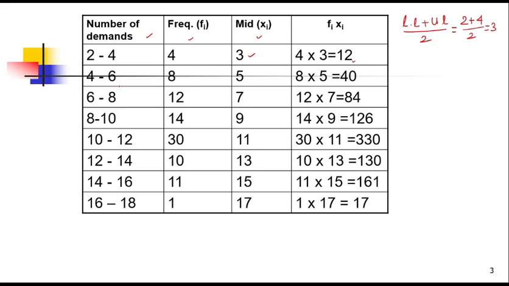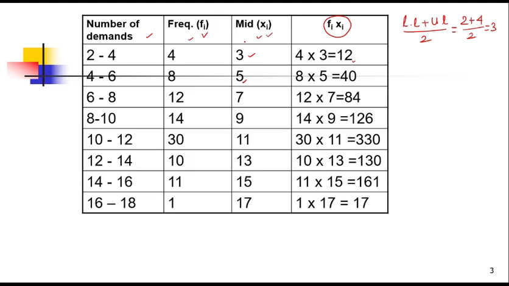Then we have 4 and 6, so 4 plus 6 divided by 2 is 5. So this is the mid xi, and this way I compute all the mid xi. These are nothing but the middle values of the classes. Now we compute a new column which we call fi xi, because frequencies are notationally written as fi, meaning the frequency of the ith class is fi, and the mid value is written as xi.